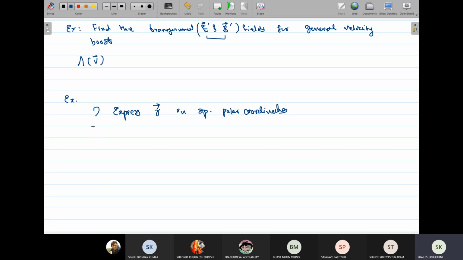Then you determine how the Lorentz transformation looks when the spatial coordinates are spherical polar coordinates.